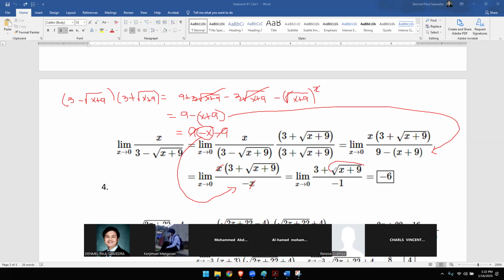So this will become 0 plus 9. The square root of 9 is 3, since this one is already 0. So 3 plus 3 is 6, over negative 1 is just simply negative 6.